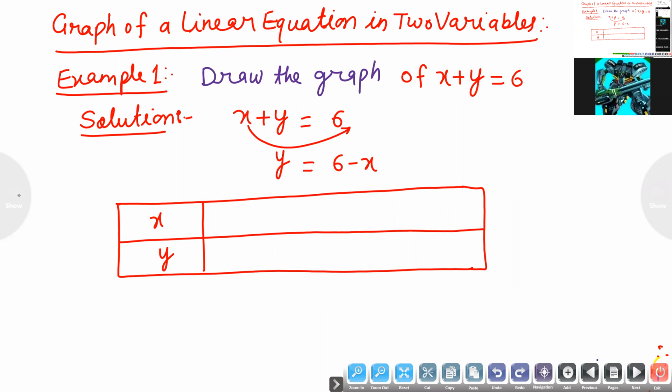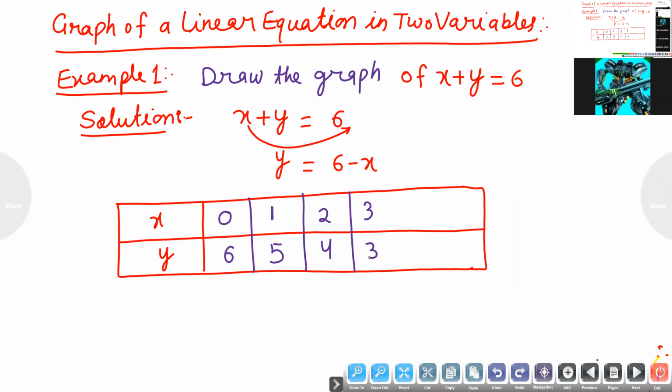Means in the place of x, I have substituted 0. Then 6 minus 0, what will come? 6. If x is equal to 1, in the place of x I am substituting 1. 6 minus 1 is equal to 5. Again, I am taking the value of x is 2. Then 6 minus 2 is equal to 4. Again, I am taking x is equal to 3. 6 minus 3 is equal to 3.